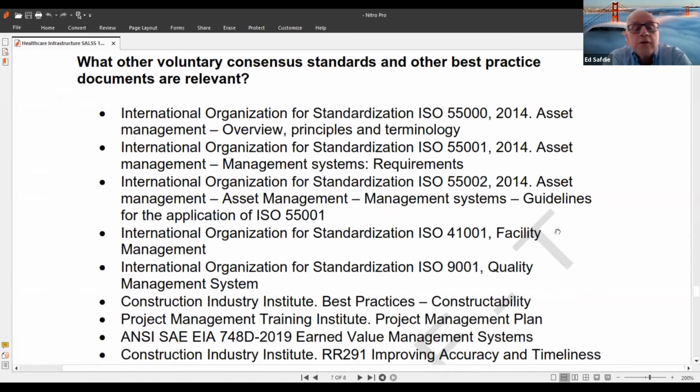These are things that the healthcare infrastructure managers and leaders don't necessarily have to comply with, but are helpful. We've mentioned ISO 55000, less known as the 41001 standard for facility management. ISO 9001 for quality management is prevalent in healthcare industry now, especially in sterile processing.